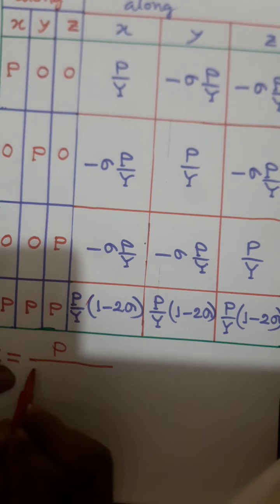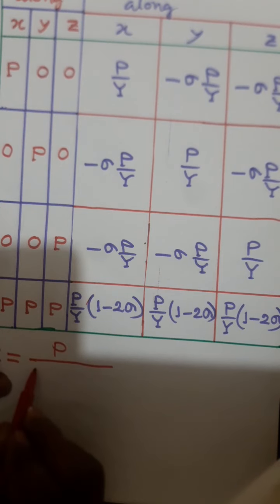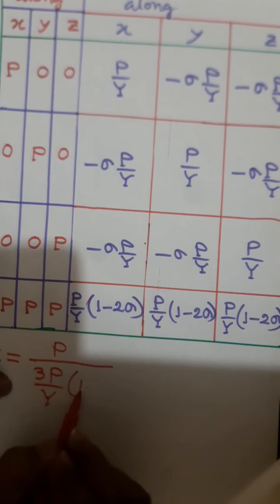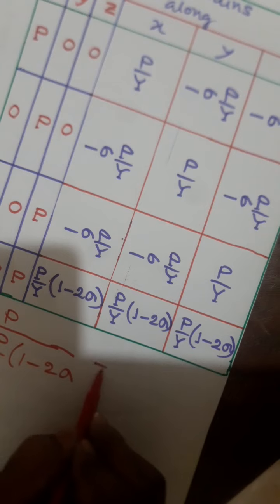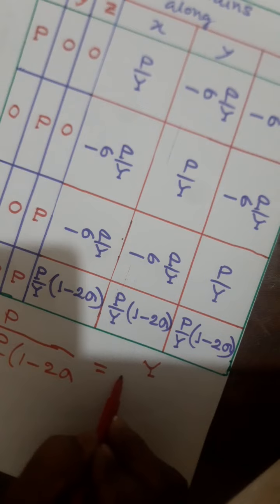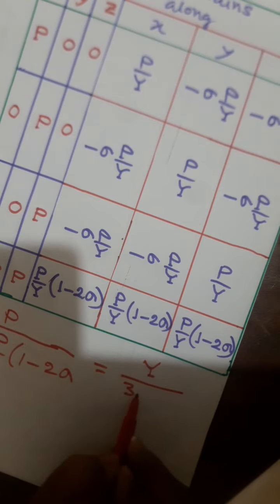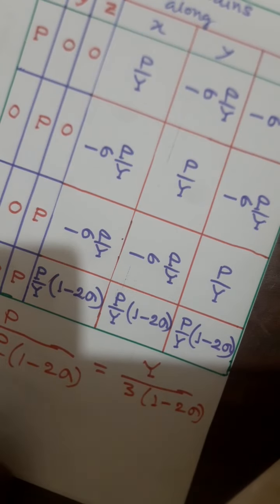Volume strain is 3 times the longitudinal strain, so volume strain will be 3P by Y into 1 minus 2 sigma. That is, K equals Y divided by 3 into 1 minus 2 sigma. Therefore, Y equals 3K into 1 minus 2 sigma.